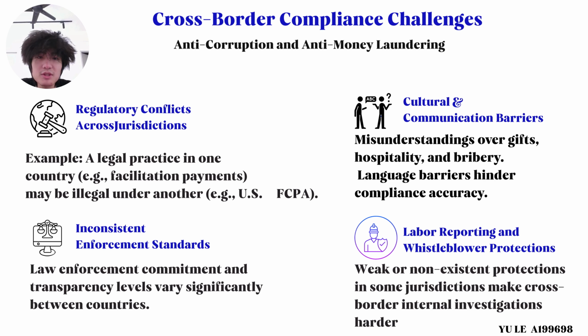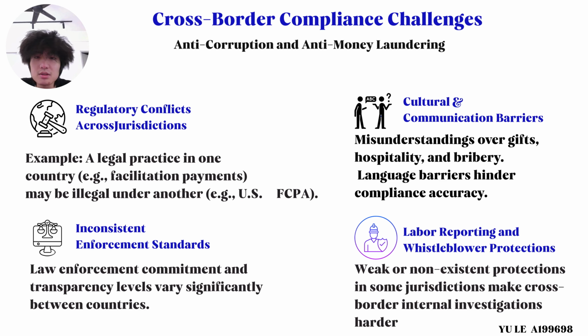Second, some countries enforce the law strictly, but others do not. So companies face different risks depending on where they operate. Third, there are culture differences. In some places, giving gifts is normal, but in others, it can be seen as bribery. Language can also make legal communication difficult.